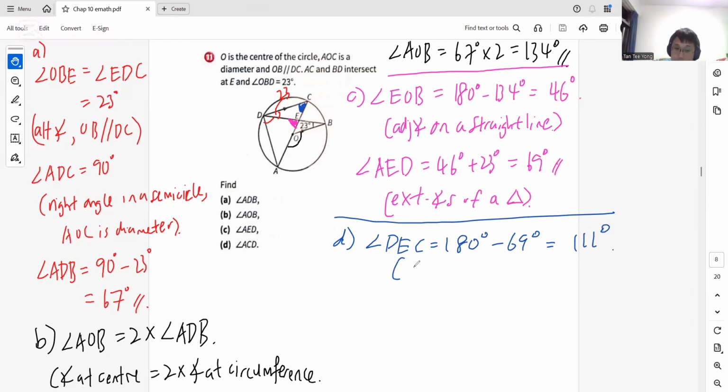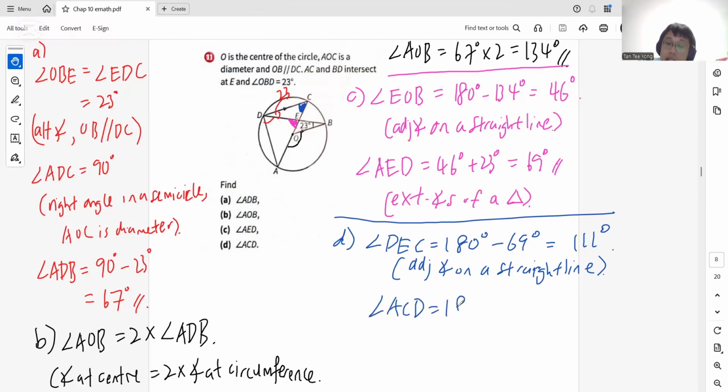The angle property is adjacent angle again on a straight line. So this DEC over here is 111. So to find angle ACD, we take 180 minus 111 degrees minus 23 degrees, the angle EDC over here. So 180 minus 111 minus 23 is 46 degrees.